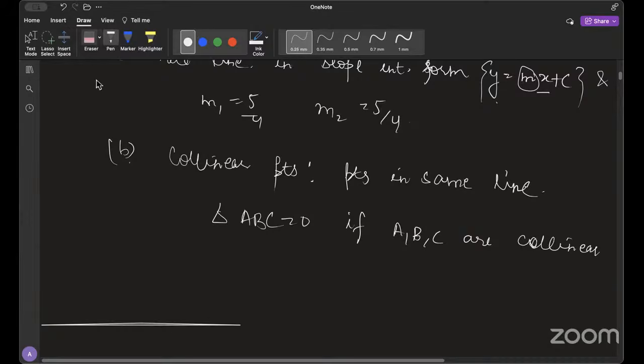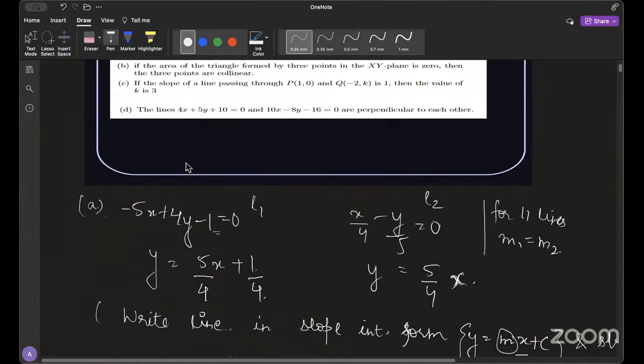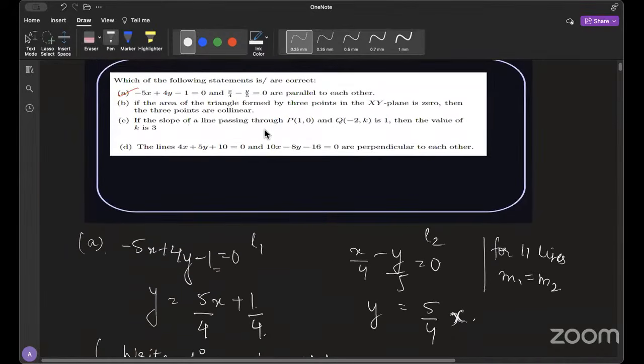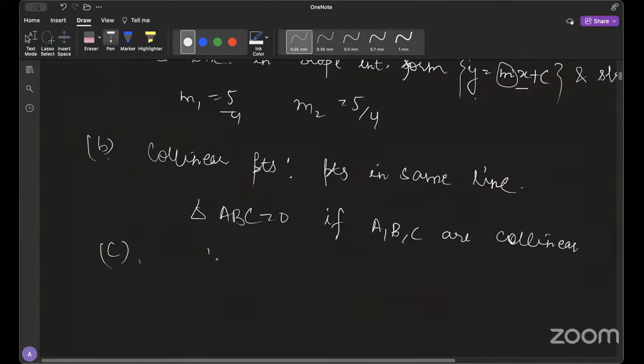Then coming to the third option. The third option is about the slope of a line passing through the points 1, 0 and minus 2, k, and it's given to be 1.